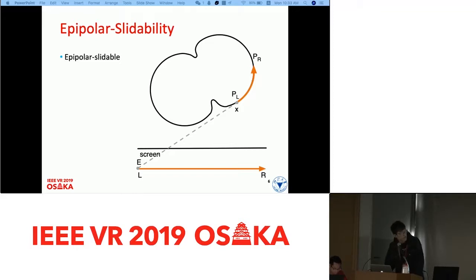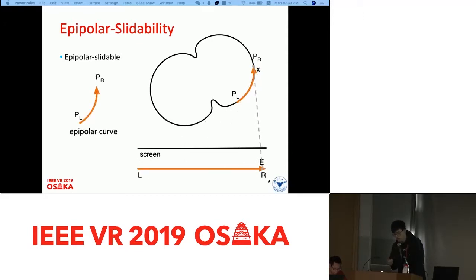I will use this top view figure to explain this concept. In this figure, the letters L and R denote the left and right eyes, whereas PL and PR are the corresponding contour points. While the viewpoint E moves from L to R, the corresponding contour point X should move from PL to PR along a curve called the epipolar curve.